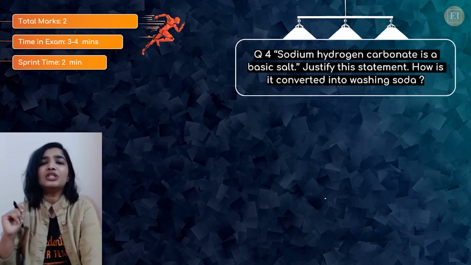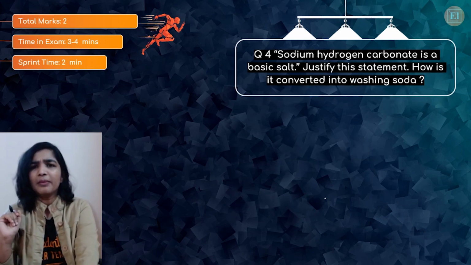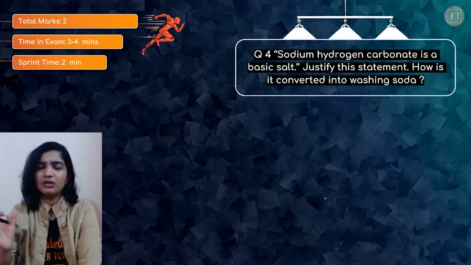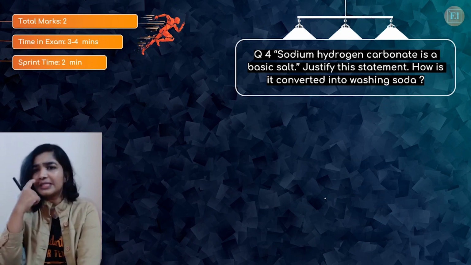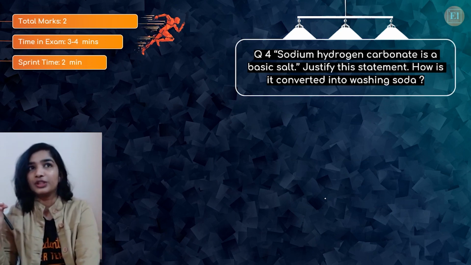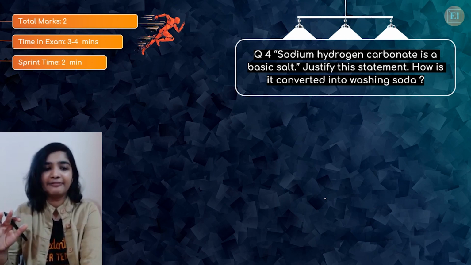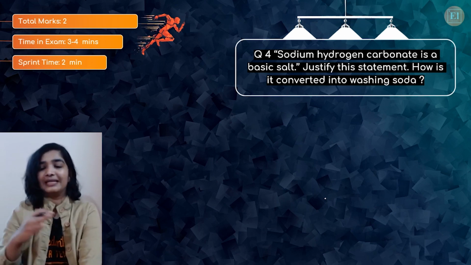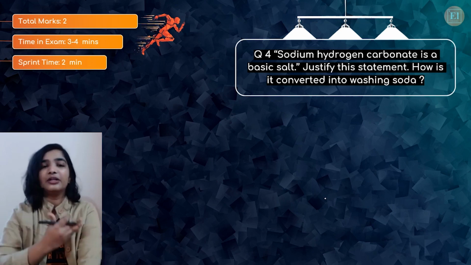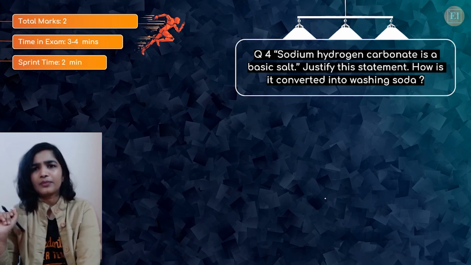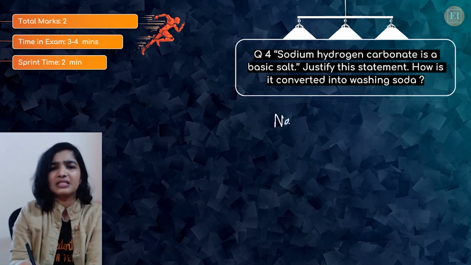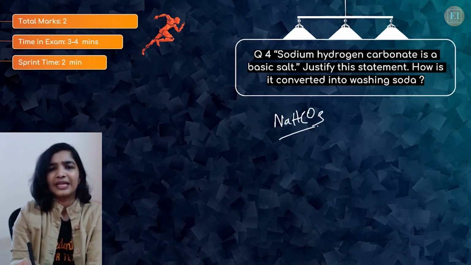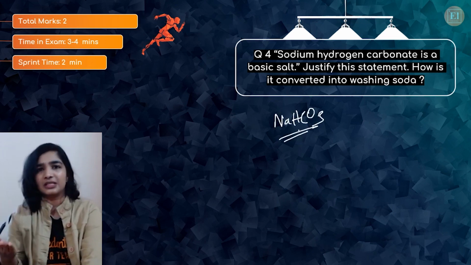Question number 4. Sodium hydrogen carbonate is a basic salt. Justify the statement. How is it converted into washing soda? We already have seen the preparations of these salts, right? So directly, indirectly, we are using NaCl. Sodium hydrogen carbonate, why is it a basic salt? The second question was also about whether it is a basic salt.